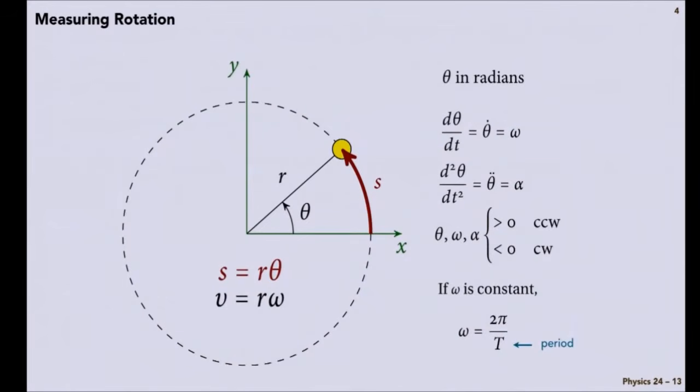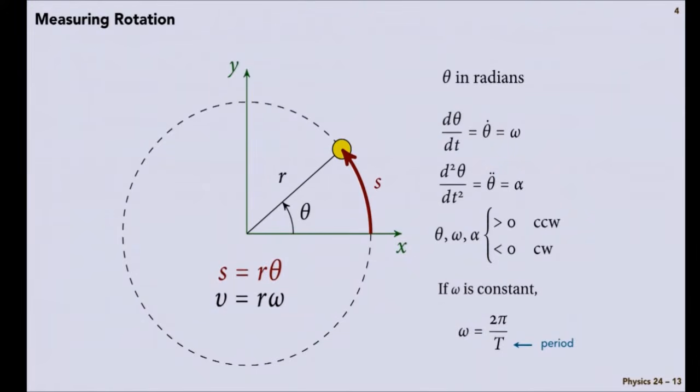So let me start by reminding you, these are the coordinates that we use to describe cycles. So we have an angle, often called theta, could be alpha, could be Fred. Actually, it won't be alpha because we're going to use that for something else.